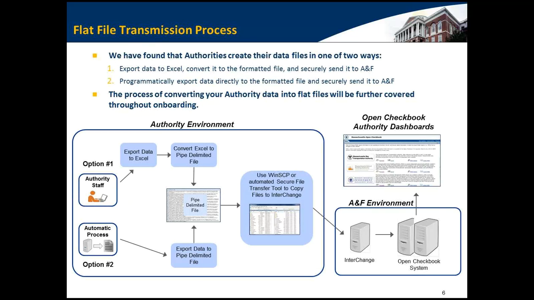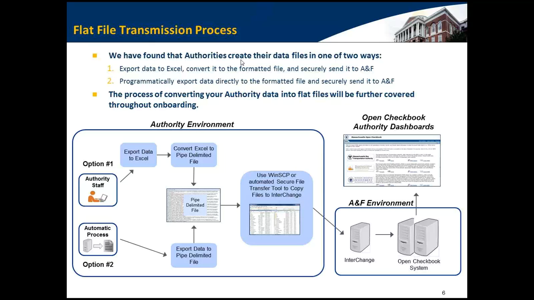Okay. All right, and then in terms of the file transmission process, as I mentioned earlier, there are two different ways that authorities have been exporting the information. But once you have it in that file, one thing to note is the file should be named to a very specific format, and that format is dictated in the file specification. I can talk about that in a second.